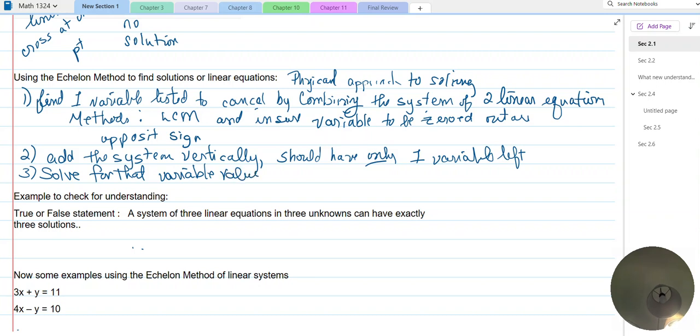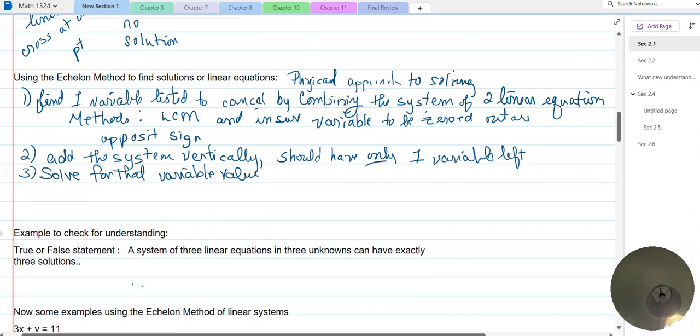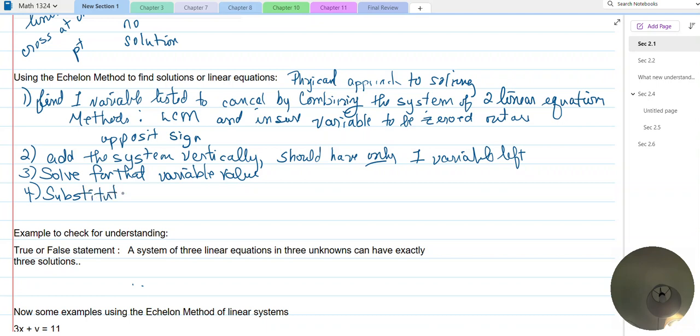Well, once we do that, we're almost home free, because our last fourth step is to substitute into one of the linear equations to find the missing value.